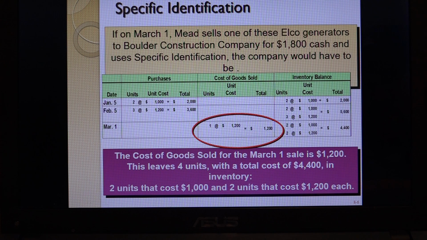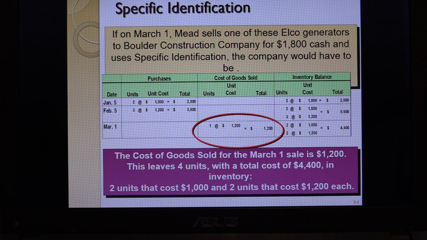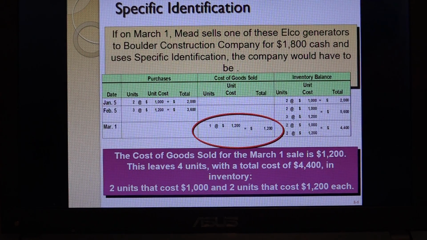They would normally do that by barcodes, by some identification number, something like that. The cost of goods sold for the March 1 sale is $1,200. Since you're taking out $1,200 of that $5,600 total cost and assigning it to cost of goods sold, that leaves you with 4 units at a total cost of $4,400. That's 2 units at $1,000 and 2 units at $1,200 each.